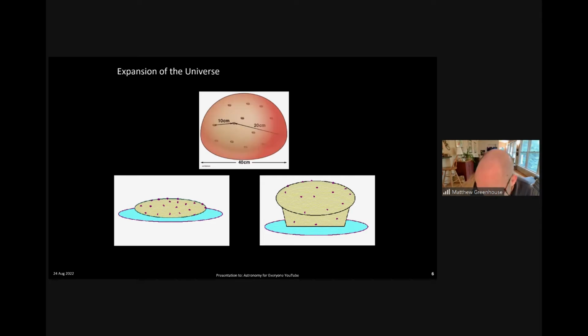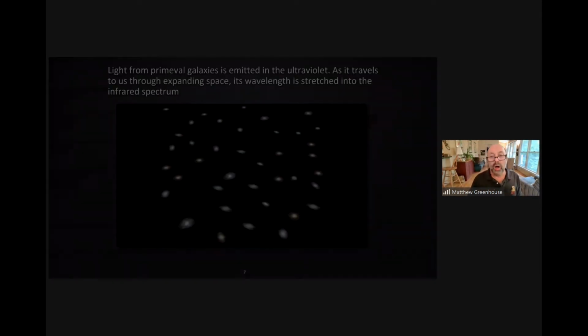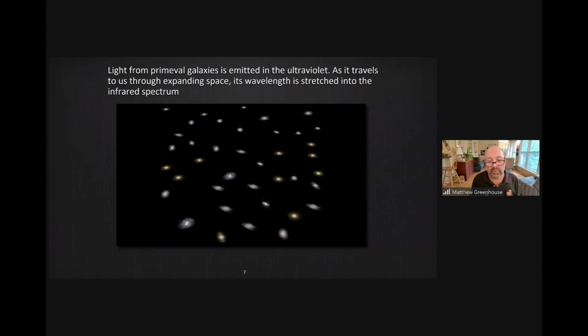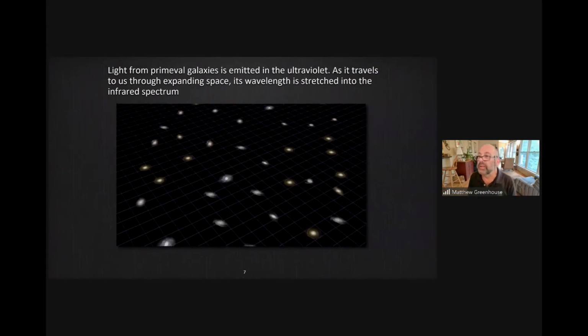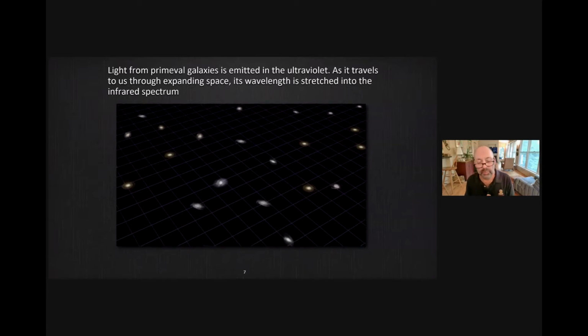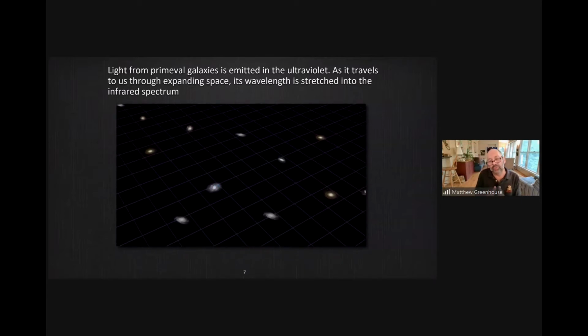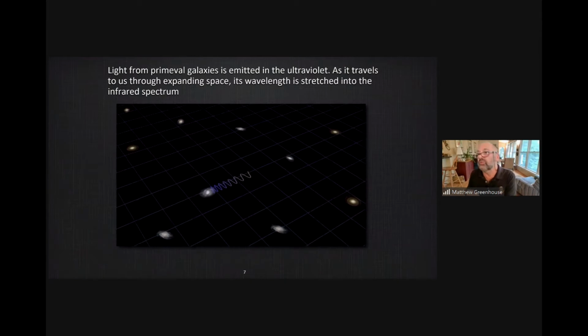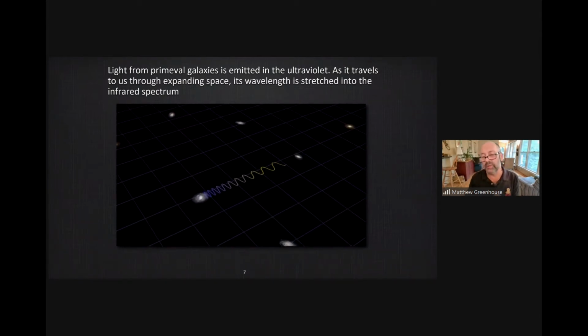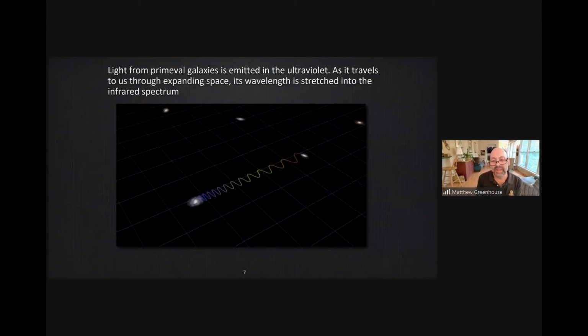And so what does that have to do with what part of the spectrum we look in? The light emitted by the primeval galaxies is emitted in the ultraviolet part of the spectrum. But as that light travels to us through the expanding space, through that expanding raisin bread dough, its wavelength is stretched from the very short ultraviolet wavelength that the light is emitted at to the much longer infrared wavelengths that the JWST is designed to operate in.